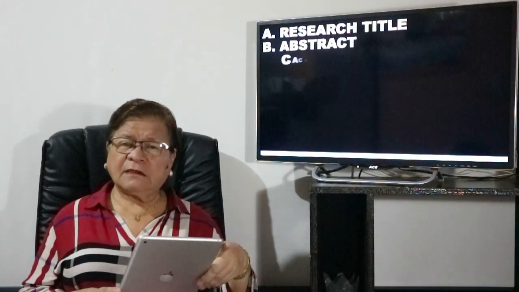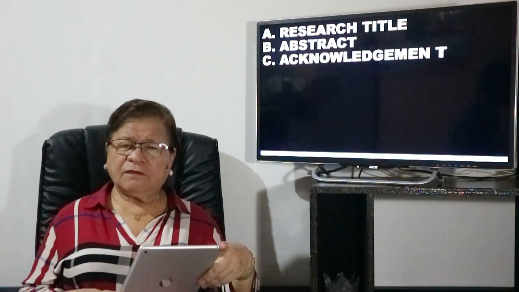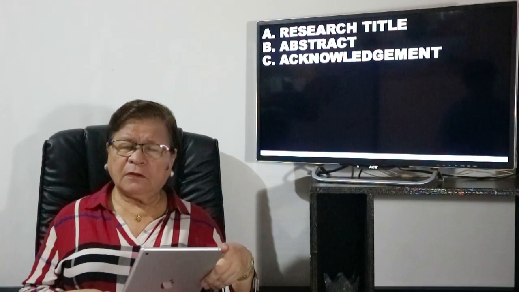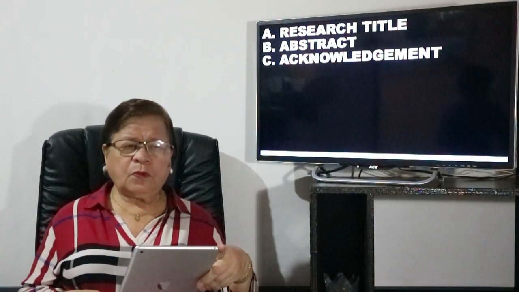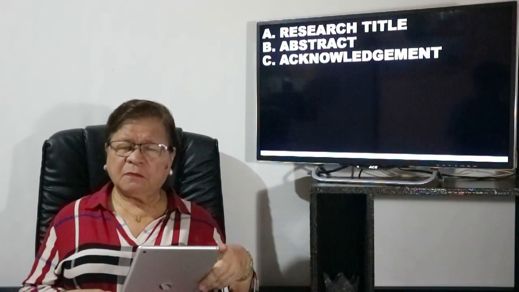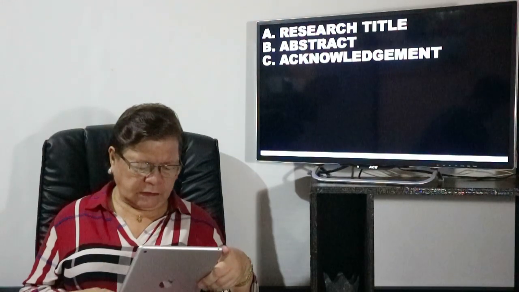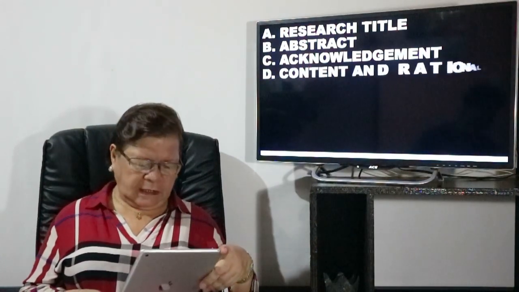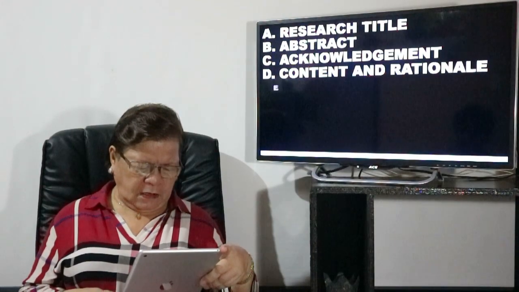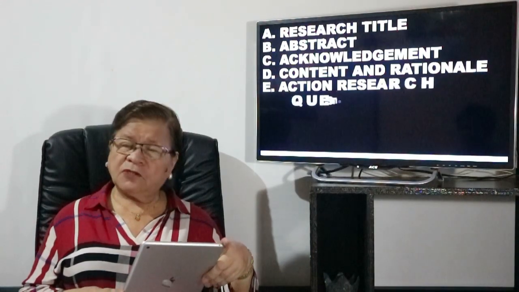Letter C is acknowledgement. You are given a chance to cite people or mention names who have helped you in the accomplishment of your action research. Letter D is content and the rationale, and then the next is action research questions.